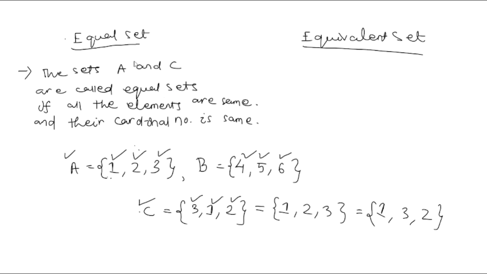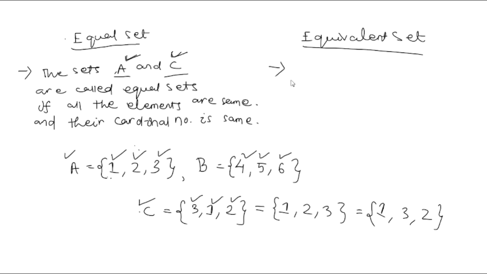That means any two sets are equal if their cardinal number is the same, they have the same number of elements, and all the elements present in set A must be present in set C and all the elements present in set C must be present in set A.